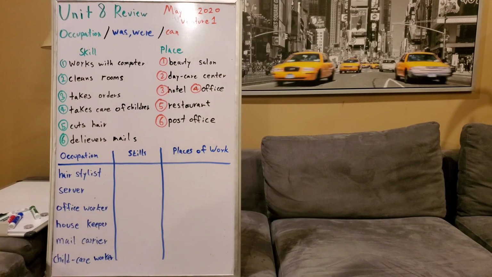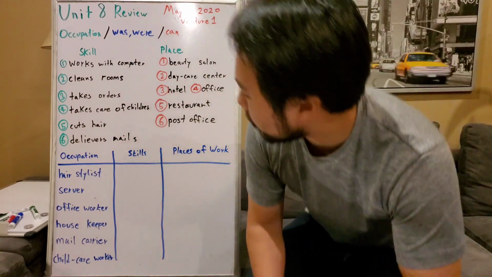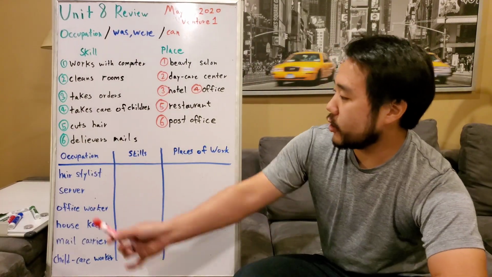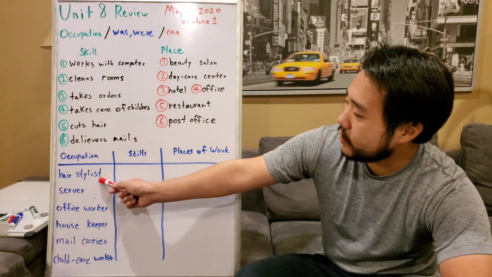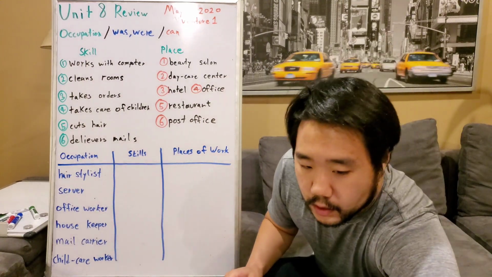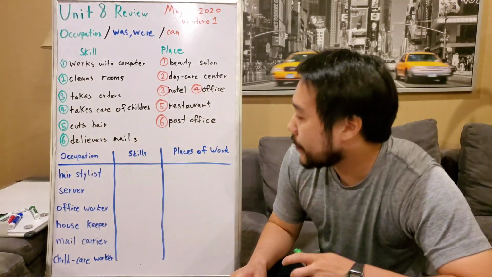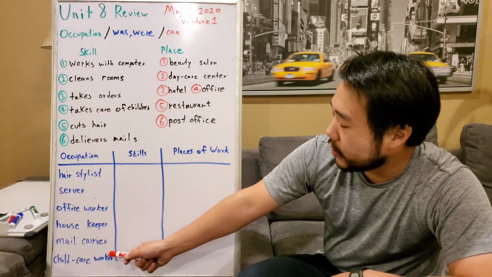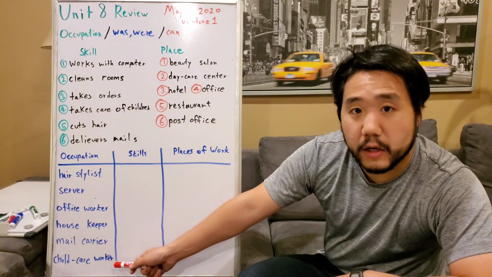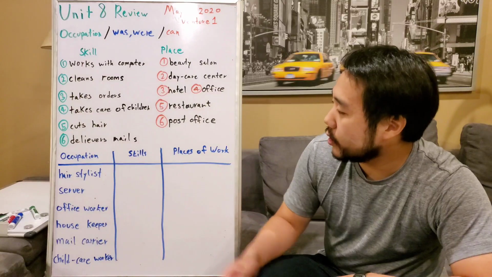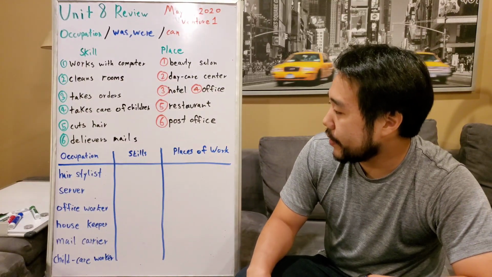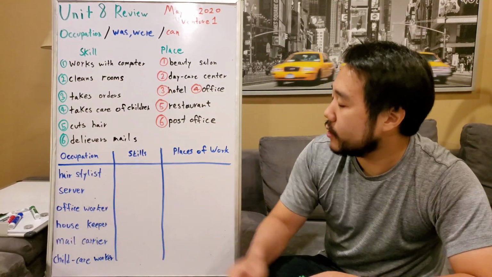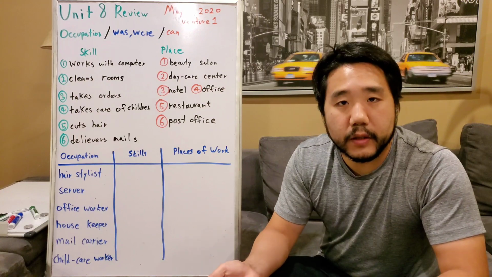Okay, so let's go over the identifying occupation. For the occupation, we have hairstylist, server, office worker, housekeeper, mail carrier, and childcare worker. So hairstylist, what kind of abilities do they have?